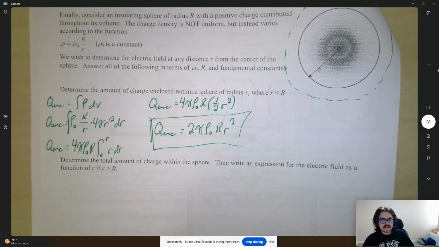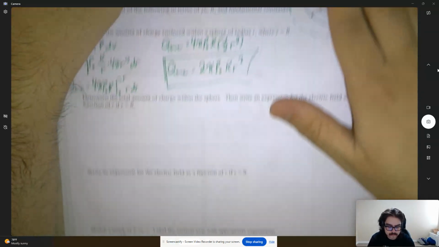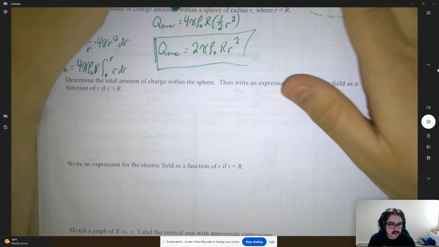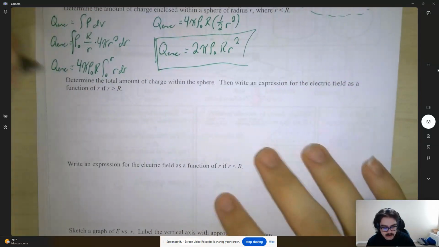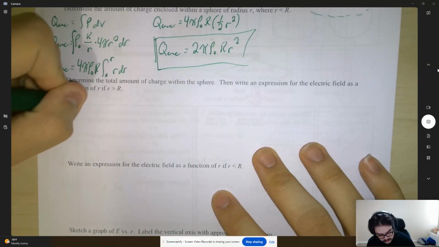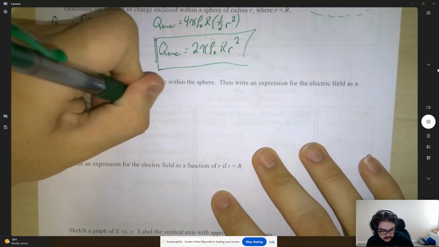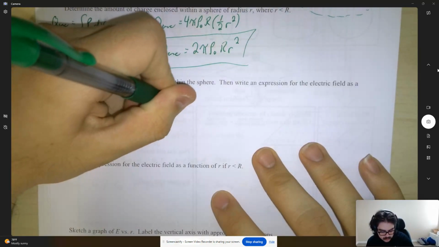Determine the total amount of charge within the sphere, then write an expression for the electric field as a function of r if little r is greater than big R. So this is, again, still outside the sphere. All I need to do is take my above function and set little r equal to capital R in the Q enclosed function.